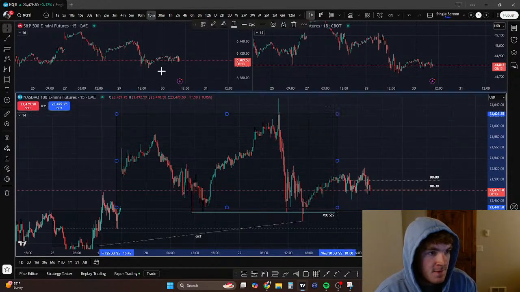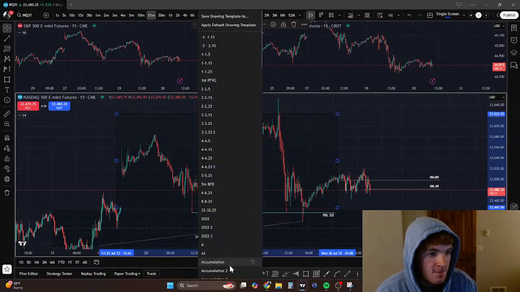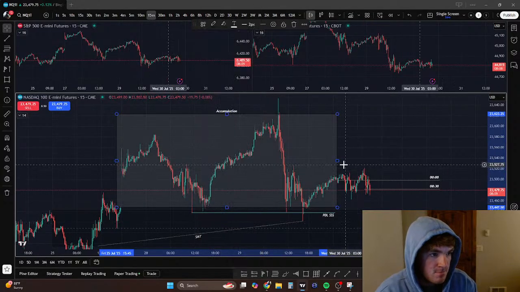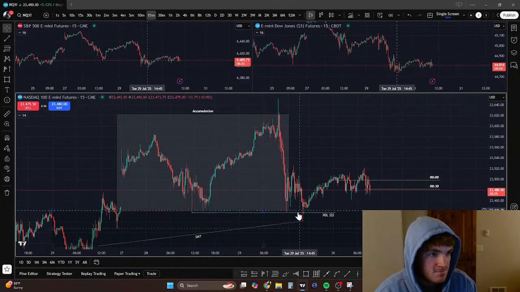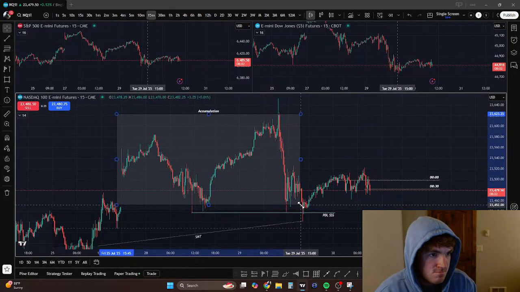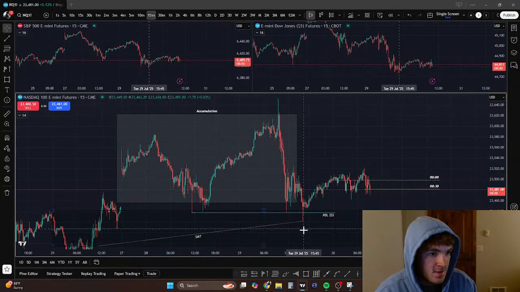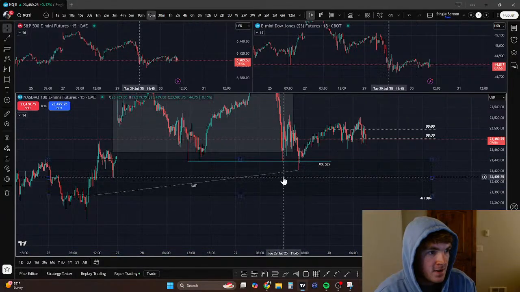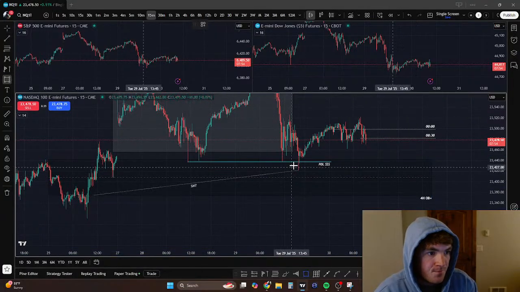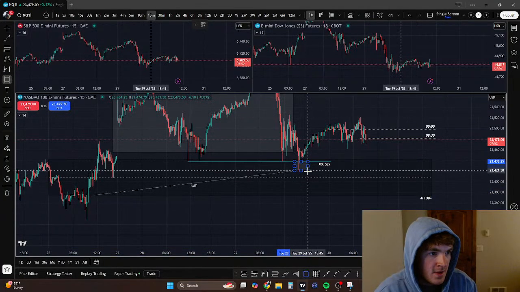It's not the best accumulation range, but maybe we had accumulation. Maybe this was manipulation into the 4-hour order block, sweeping out equal lows.